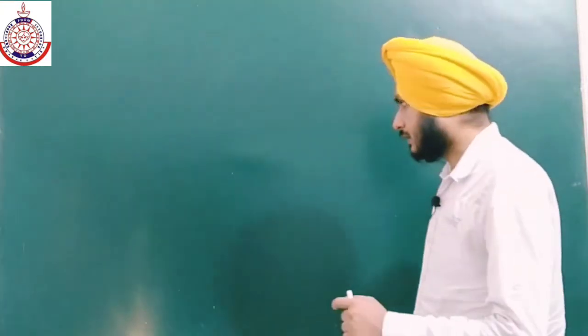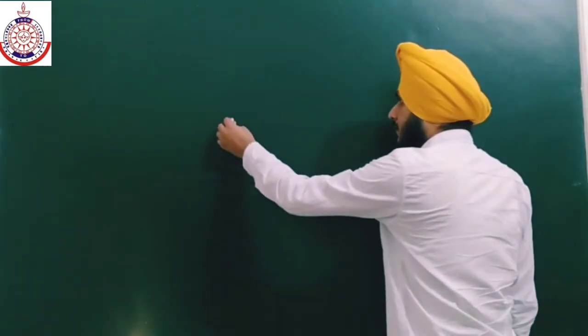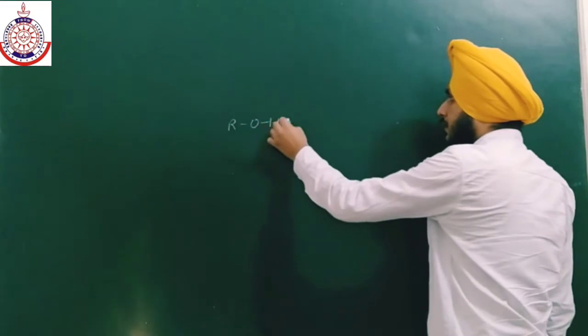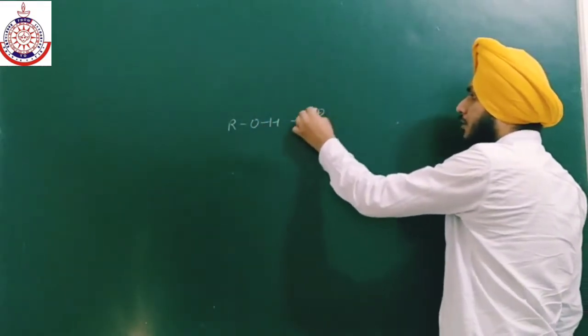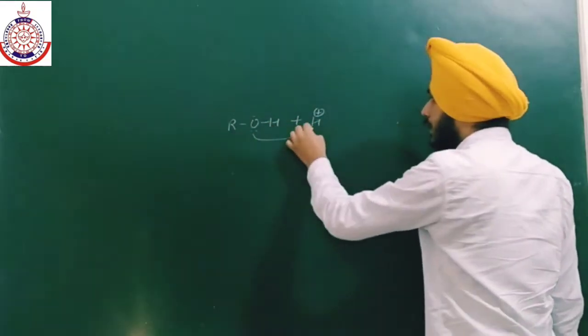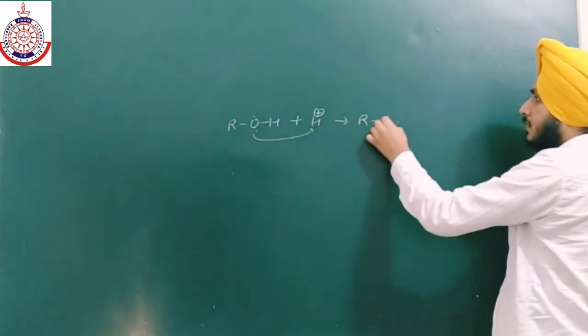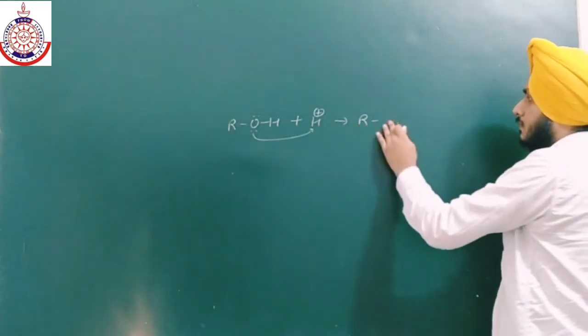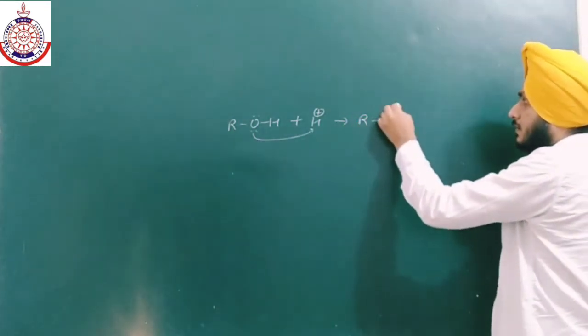So we have already studied the preparation of haloalkane from alcohol by the action of halogen acids. One thing you should remember is that there is a formation of carbocation in the first step. The first step is that the nucleophile will attack the H positive, and we will get this product, the intermediate.